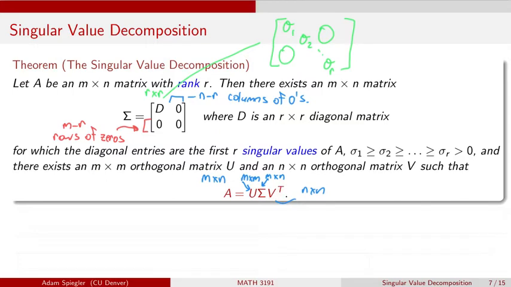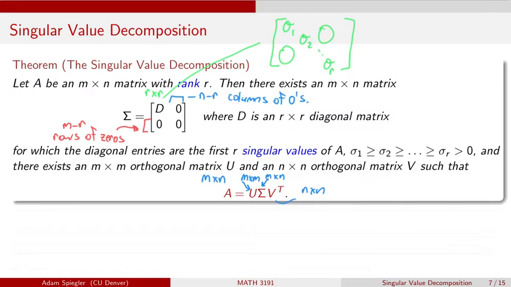So we can write A as the product of an orthogonal matrix times a sort of diagonal matrix times the transpose of another orthogonal matrix, where the matrices U and V are not equal to each other. They're not even the same size. U is m by m and V is n by n. So we're going to need to pay attention to these various dimensions as we do these decompositions.